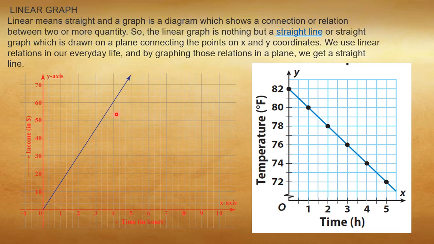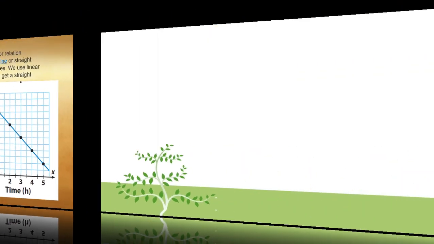But when we have changes in such a way that when one quantity increases, the second one decreases, this type of relation, when we plot it, gives a straight line. So this is the linear graph. This is the difference between the line graph and linear graph. A line graph shows continuous changes over a time period, and a linear graph is a straight line.